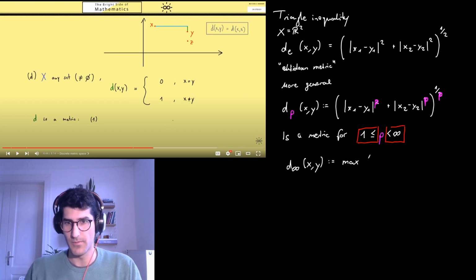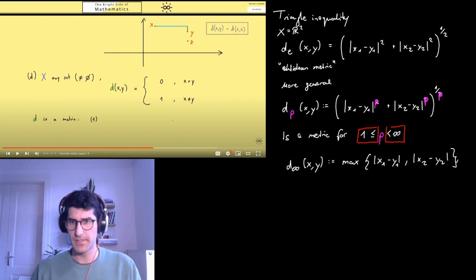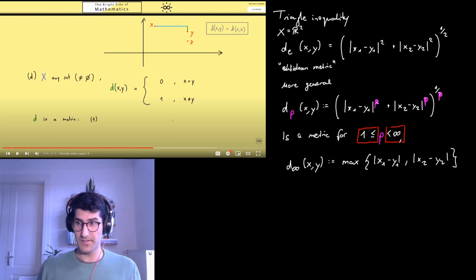So this is the maximum of the differences of the first component and the second component. So, and one way to see this is via a limiting process, so letting p go to infinity. This is also a classical example of what we are interested in when we do analysis. It's a limit, and if we have something that is bounded, the question is always, what happens if I run towards the boundary? What does change?